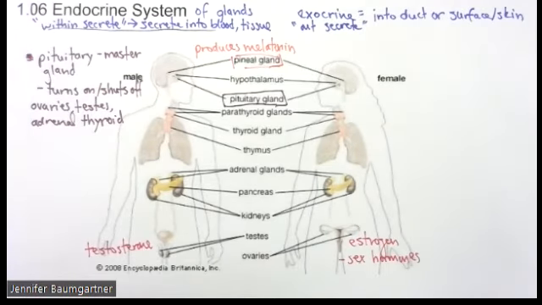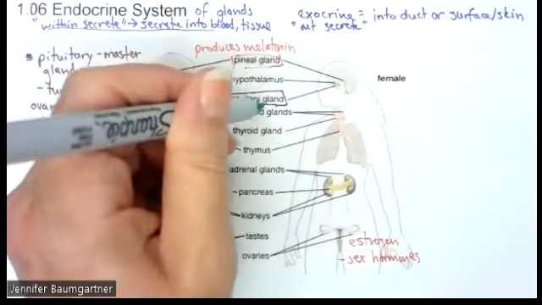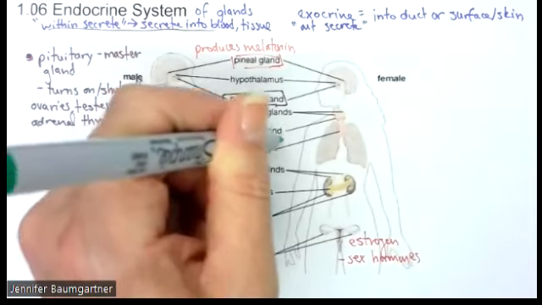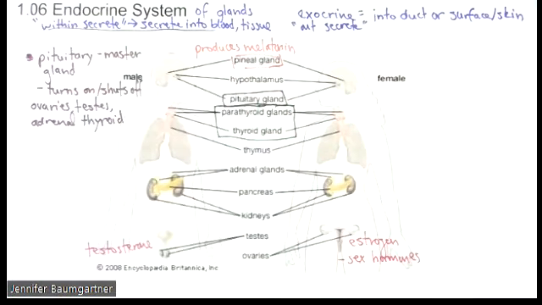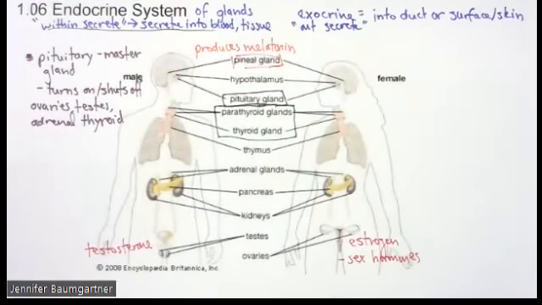So what do some of these other glands do that we're not that familiar with? I'm going to do the parathyroid and the thyroid in green, because we're going to talk about these together. We're going to do a lot when we get into bone physiology. We're going to talk about the parathyroid and the thyroid a lot.